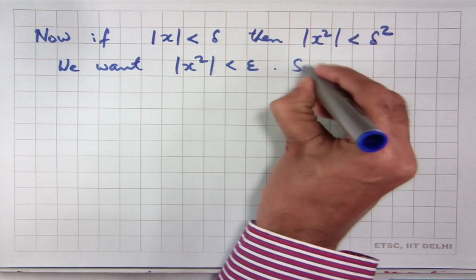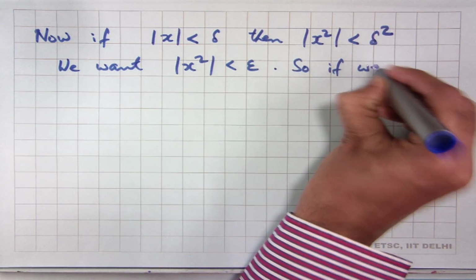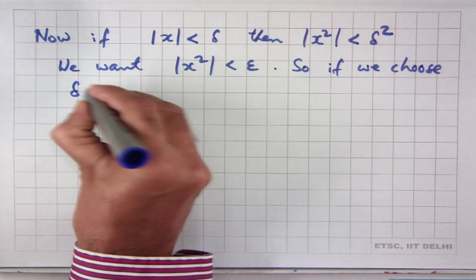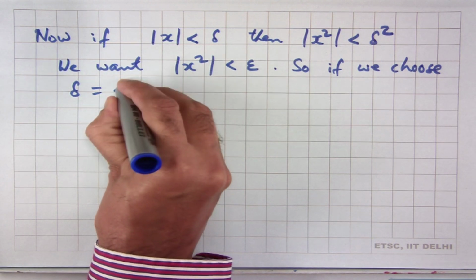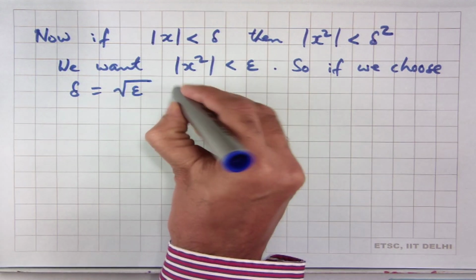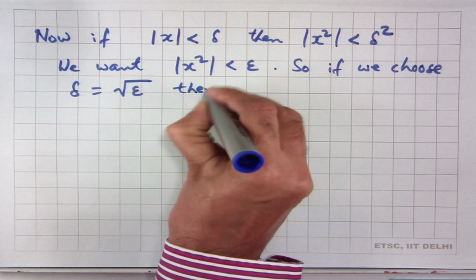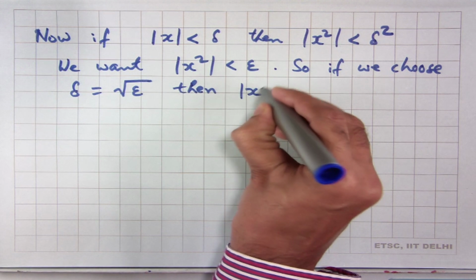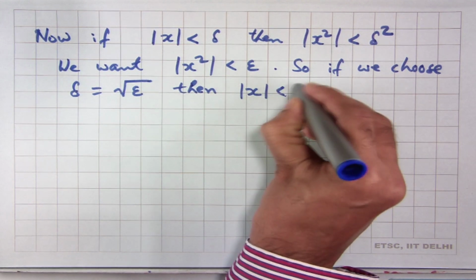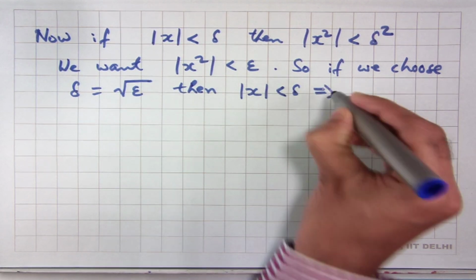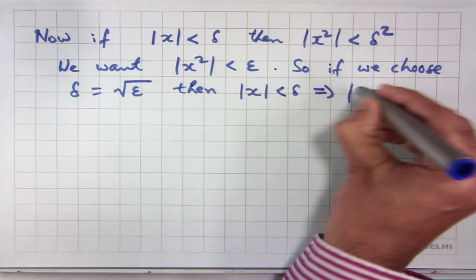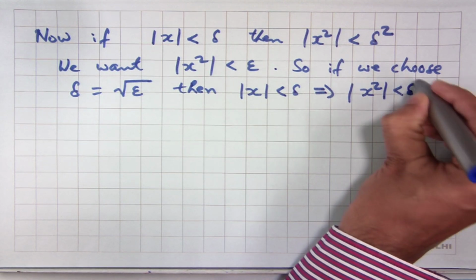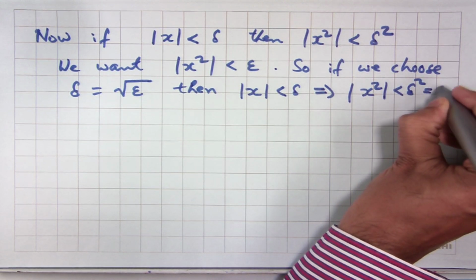So, if we choose delta equal to square root of epsilon, then mod x less than delta implies mod of x square is less than delta square, which is equal to epsilon.